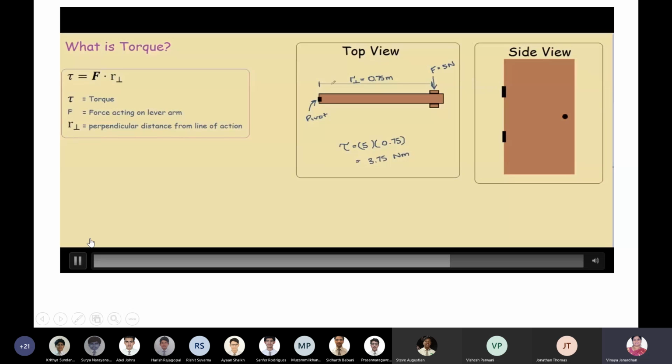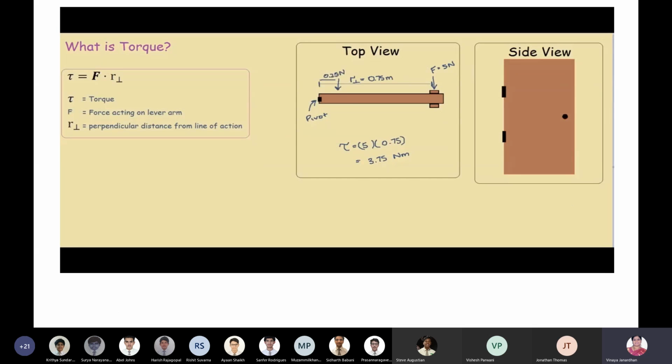Again, let's quickly work out the force acting here. The same force, 5 newtons, and this distance, let's say, is 0.25 meters now. So our torque in this case would be 5 times 0.25, which is 1.25 newton meters.